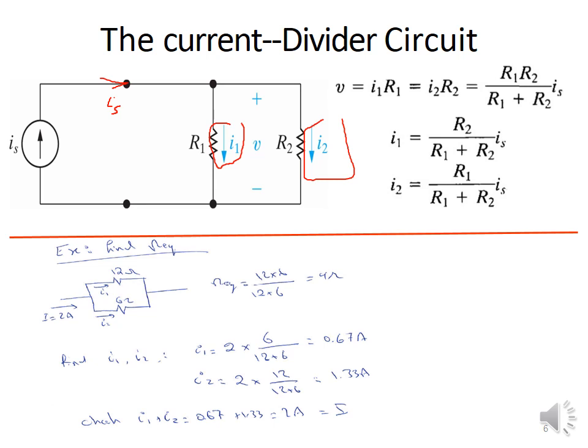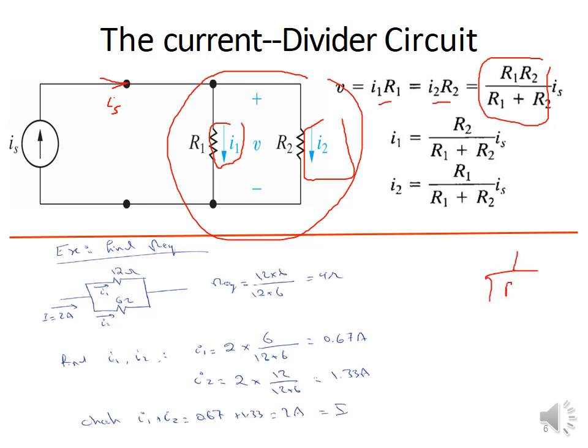هنقول these two resistors are in parallel so they have the same voltage V، so I1 R1 should be equal to I2 R2 should be equal to R equivalent multiplied by IS. After replacing these two resistors with R equivalent اللي هي ضرب على جمع، وأكيد هيكون في عندي هون the current source IS.